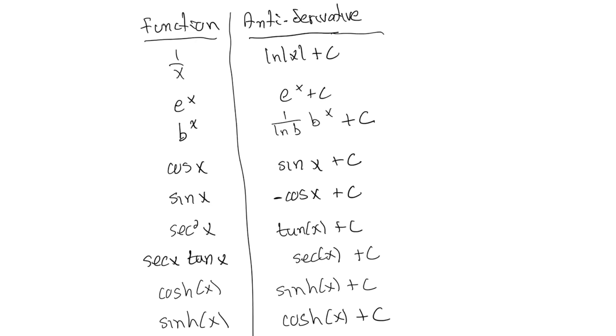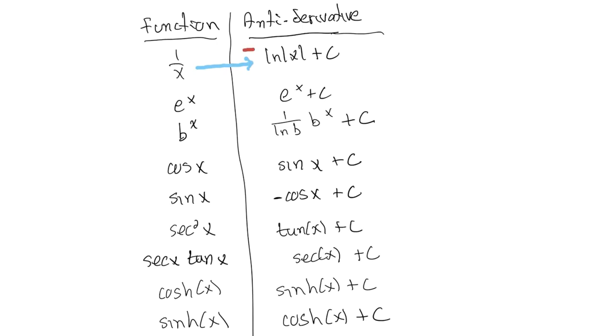Now keep in mind, when I look at the function on the left hand side, for example, the first entry is the function 1 over x. Its antiderivative is ln of x. So again, we're saying, what did I take the derivative of to get 1 over x? And that is ln. Now obviously, I can start in the right column and take the derivative and go backwards, right?